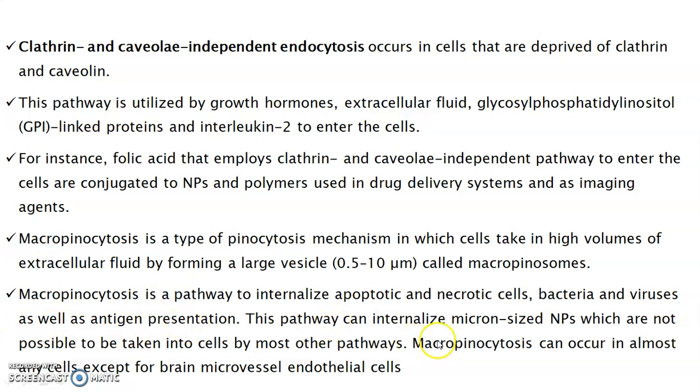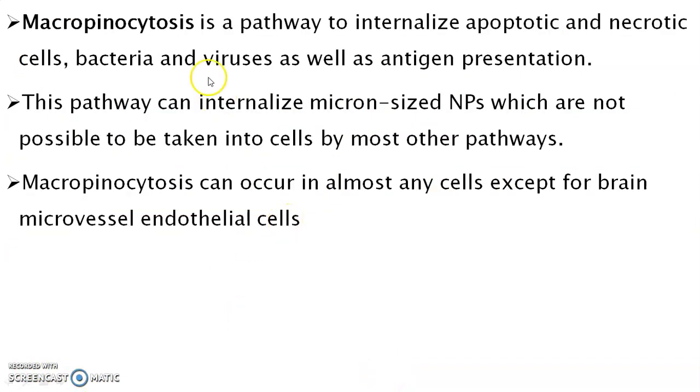This pathway can internalize micron-sized nanoparticles which cannot be taken up by the cells by most other pathways. Macropinocytosis can occur in almost any cell except for brain microvessel endothelial cells.